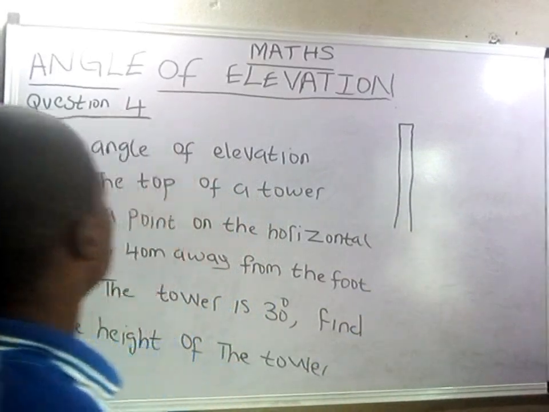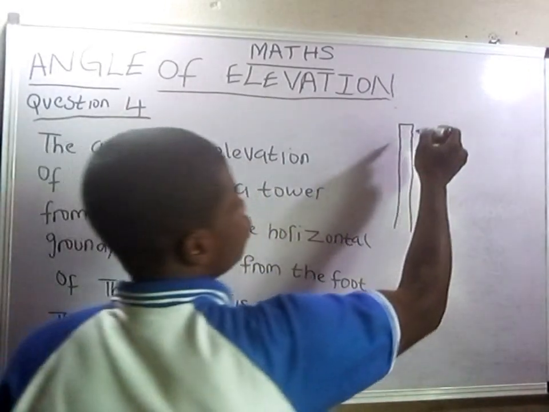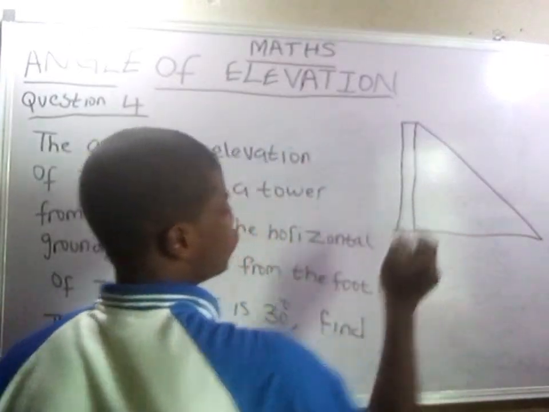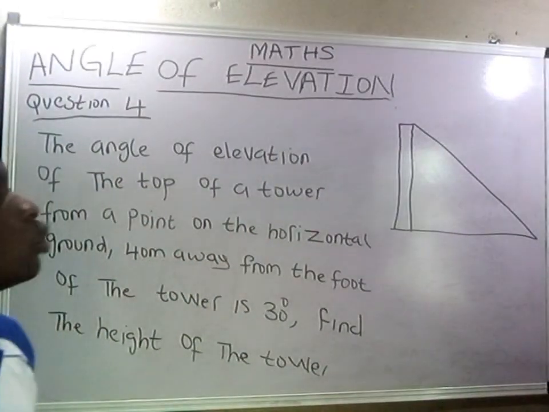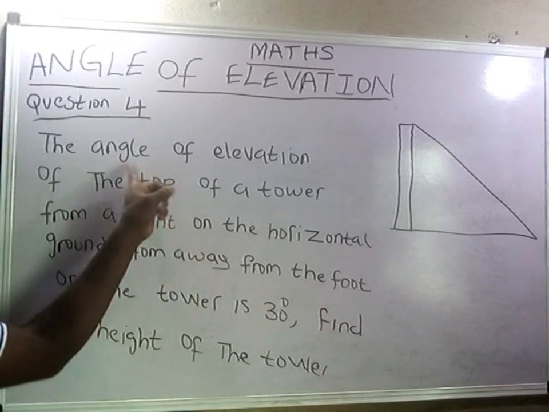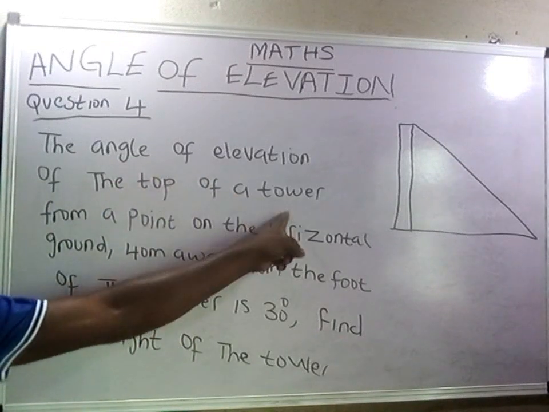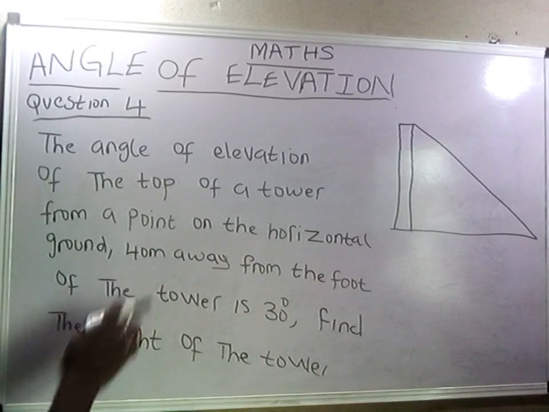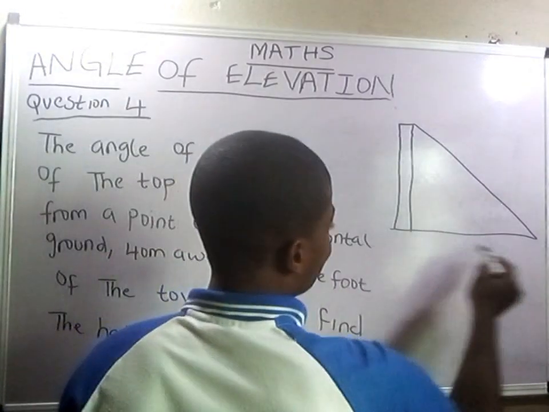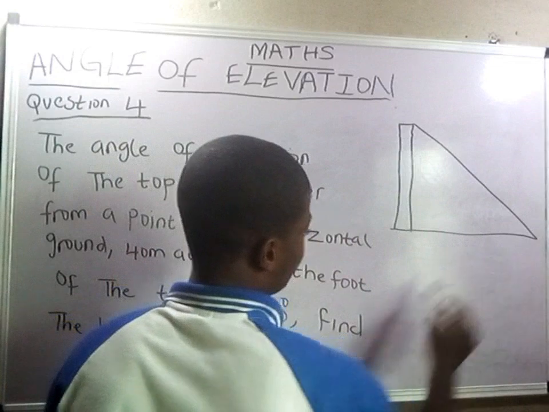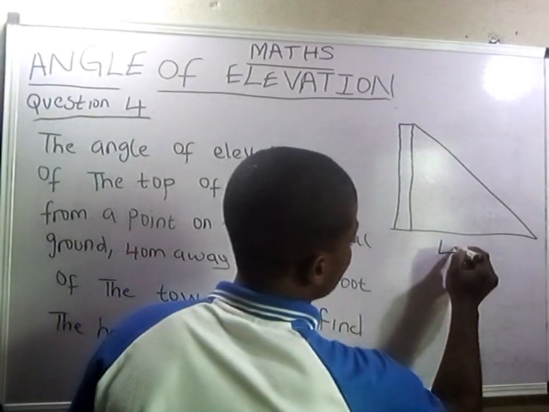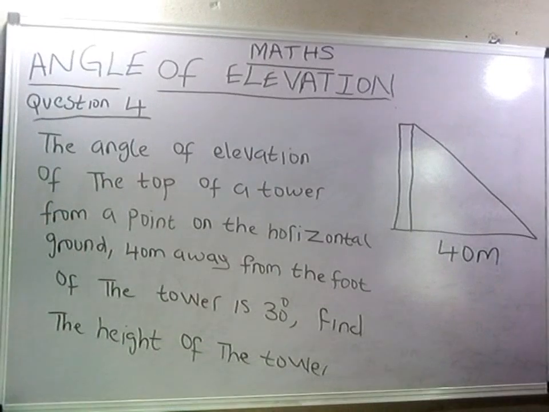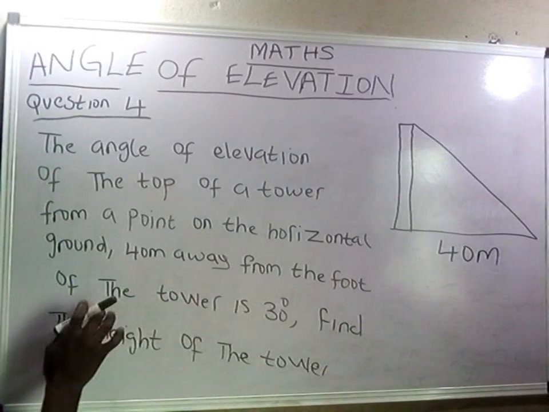So this is the tower. Let's draw the angle of elevation. The angle of elevation of the top of the tower from a point on the horizontal ground is 30 degrees. This is the horizontal, here is vertical. The horizontal is 40 meters from the foot of the tower.